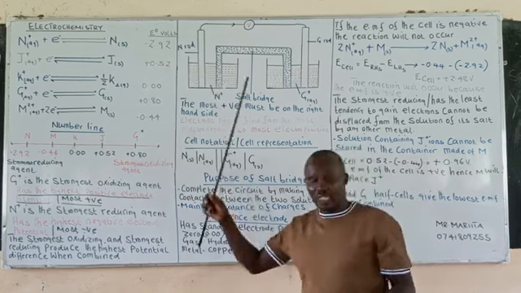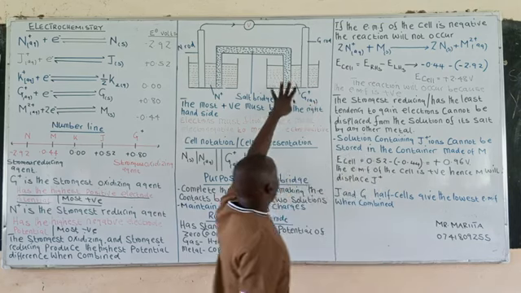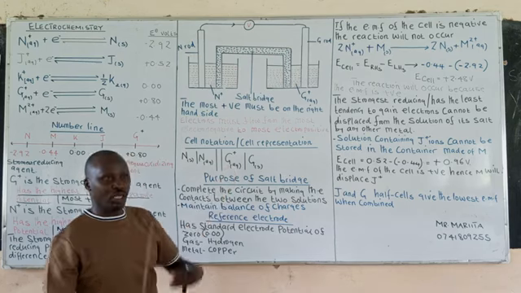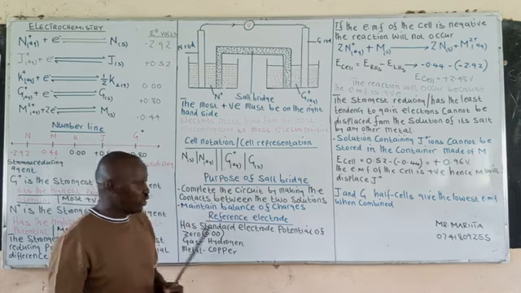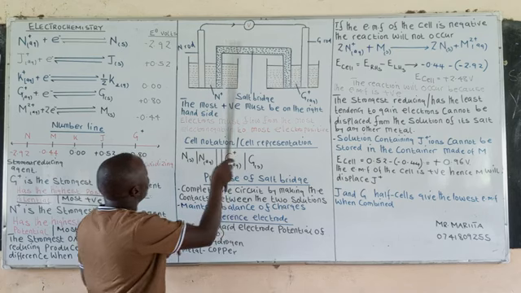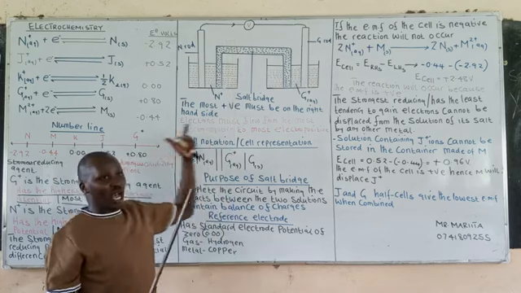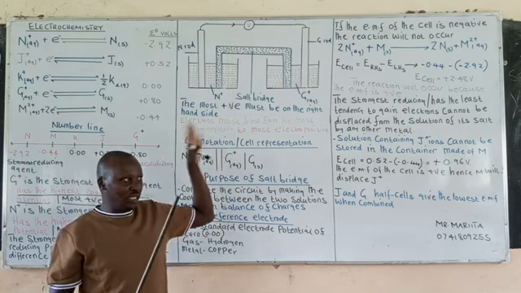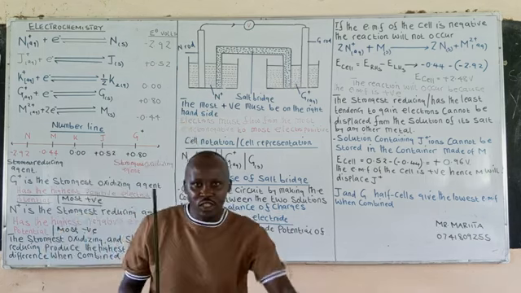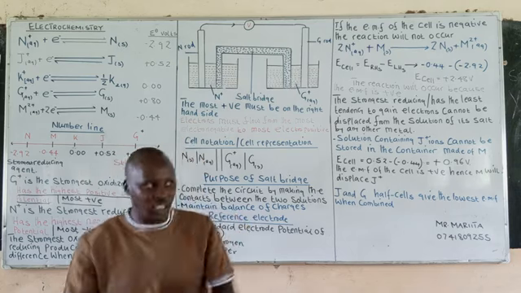So when drawing the electrochemical cell, you must indicate the salt bridge, and of course you know the purpose or the function of the salt bridge. It is connecting the two half cells. Then, after drawing this electrochemical cell, you need to show the direction of the flow of electrons.